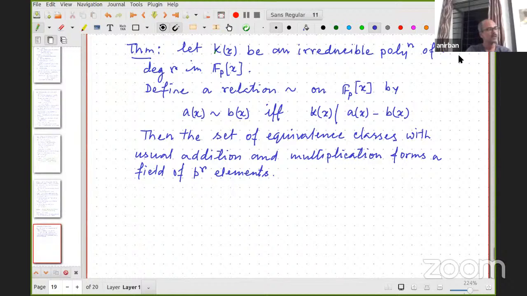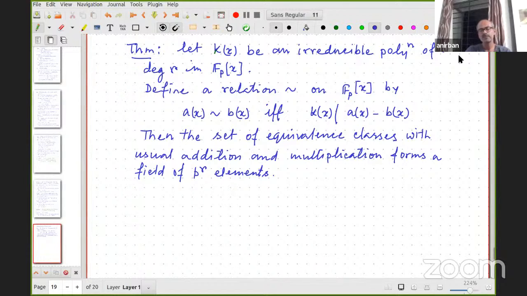Just remember that we are trying to answer the question whether there is a field. Let me reframe: given a prime p and given a natural number n, does there exist a field of order p to the n? To do that, using this theorem, we should be able to find an irreducible polynomial of any degree over a given Fp.